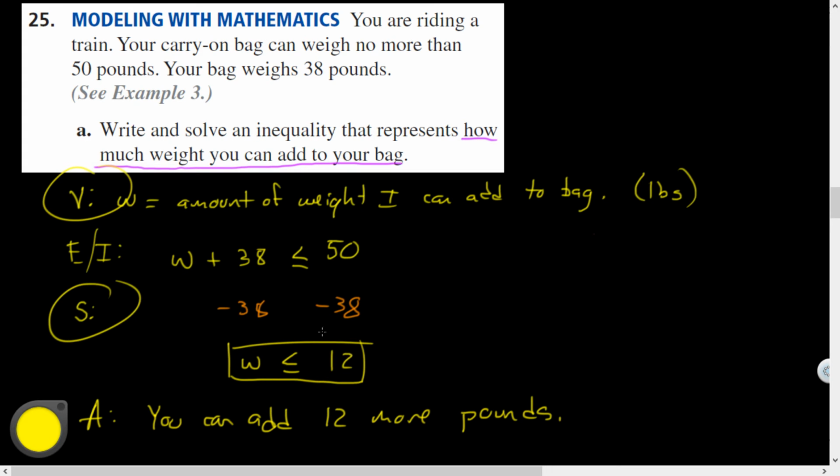So literally, the amount of weight I can add to my bag is 12 measured in pounds, right? I could practically program a robot to write this as long as the variable and solution are done. And those pieces can be hard. That would be much harder to program a robot to be able to read a word problem and then write an equation related to it.